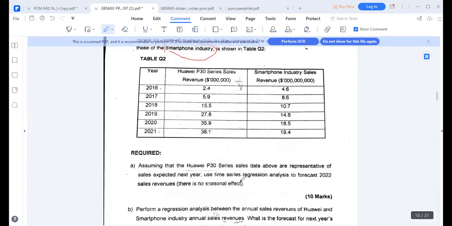So here, they actually want us to find the sales revenue for next year. But which comparison are we looking at? The sales revenue for next year, meaning that we are going to use the year and the P30 series company sales. So we're using this and this for the first question.